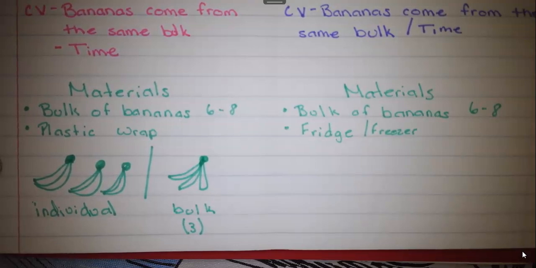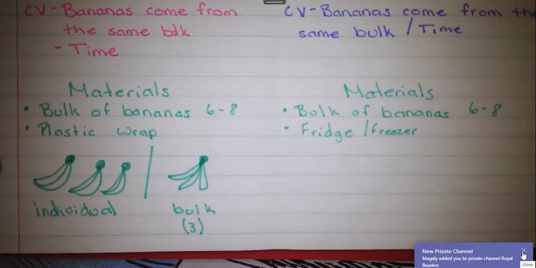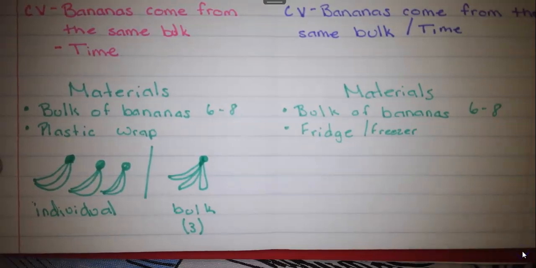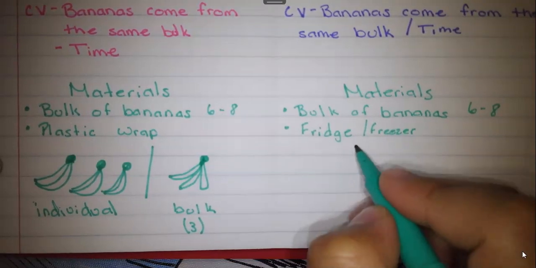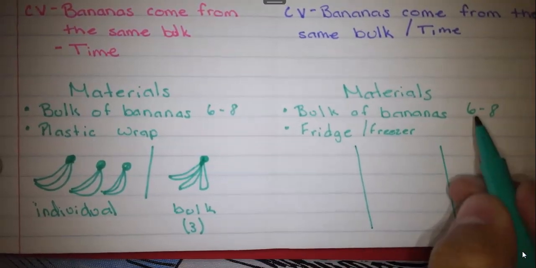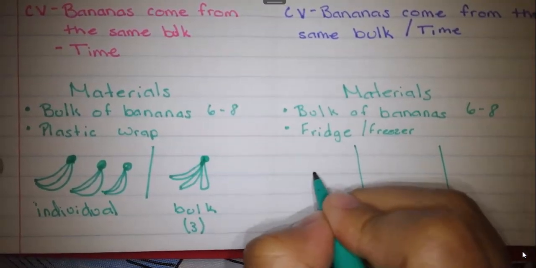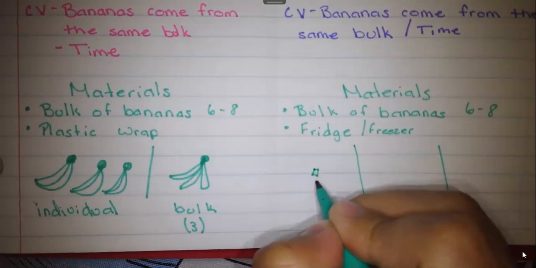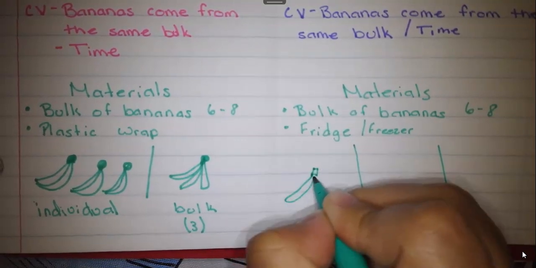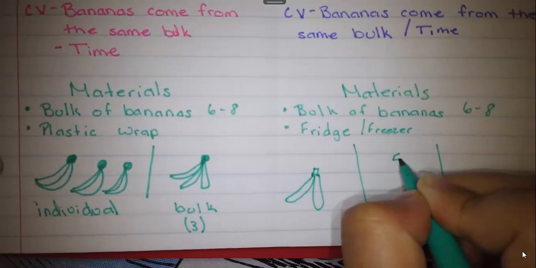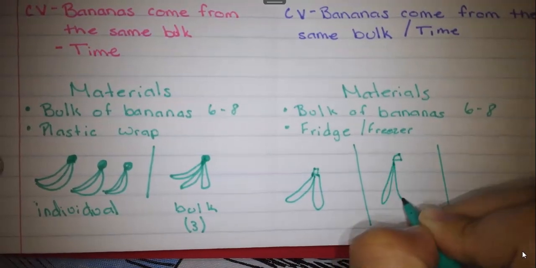And then if I were doing this one, I'm thinking room temperature, fridge, or freezer. So then here I would have, again, a bulk of 6 bananas, but here I would divide them into two sets.